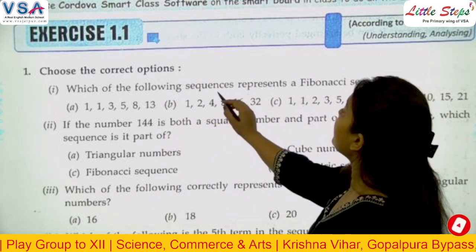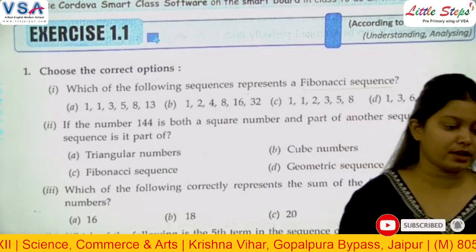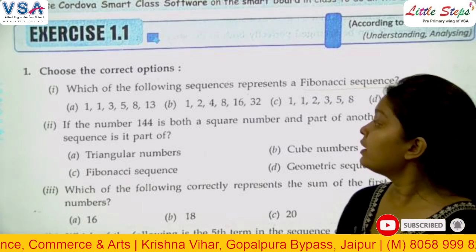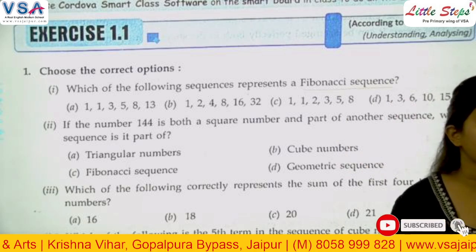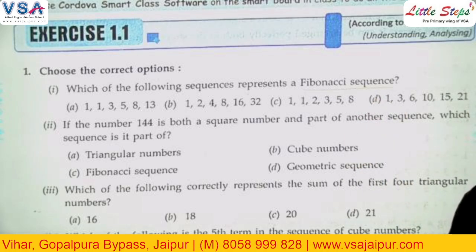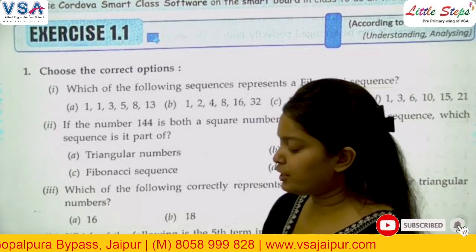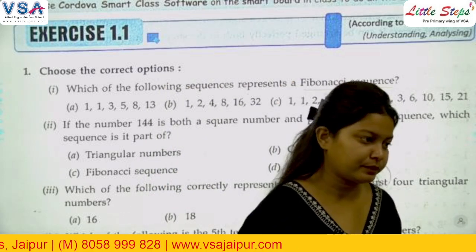Which one of the following sequences represents a Fibonacci sequence? As we studied this earlier in yesterday's class, tell me what is a Fibonacci sequence? Out of the 4 options, which one represents a Fibonacci sequence?